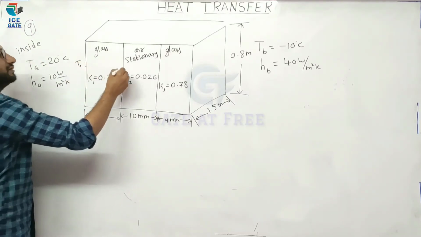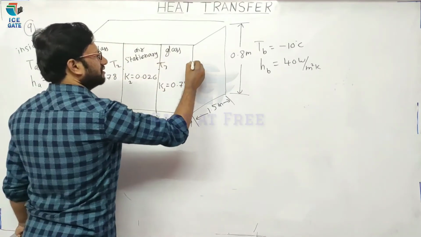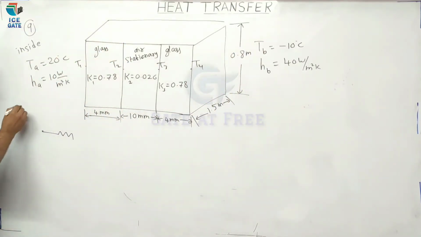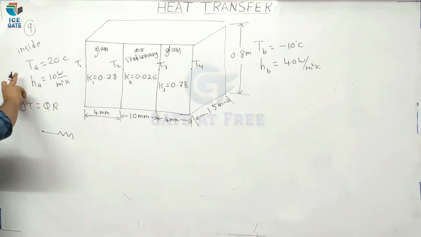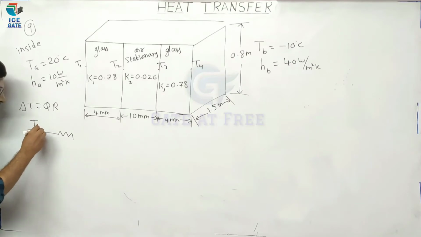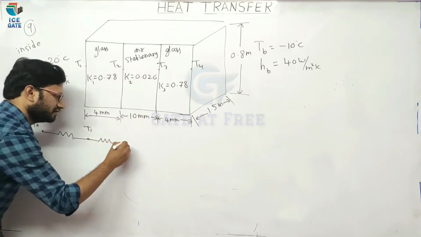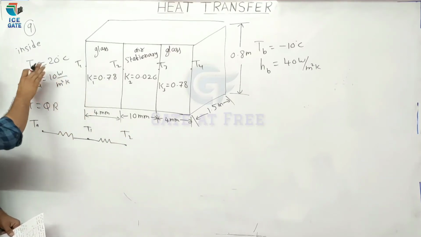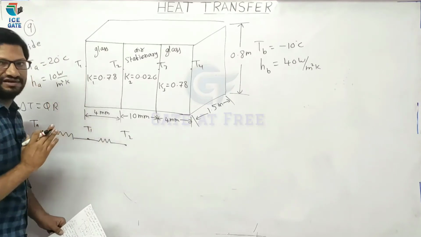Say this is T1 and this is T2, this is T3, T4 and TP. Now write down delta T equal to QR. Now take delta T as TA minus TB, known temperatures simply. Now from TA to T1, from fluid medium to solid surface, the mode of heat transfer is convection.